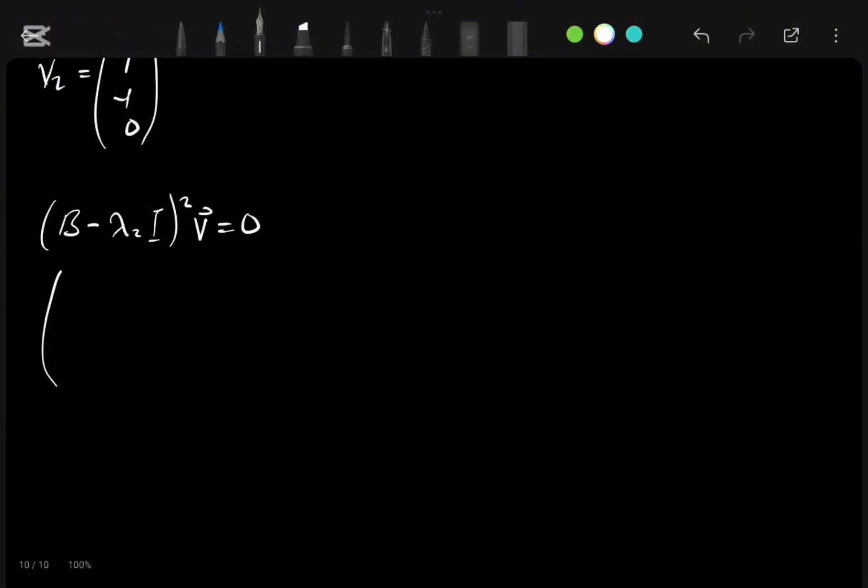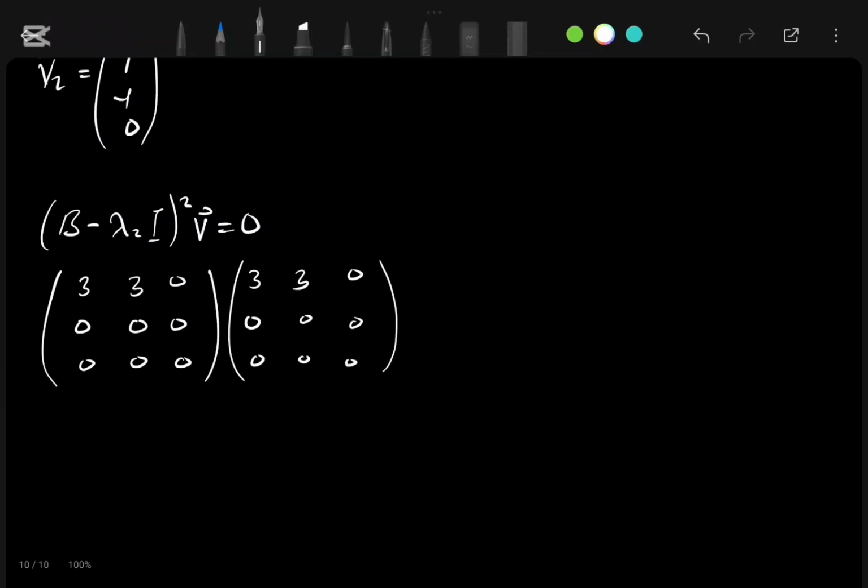Squaring this expression, we had 3, 3, 0, 0, 0, 0, 0, 0, 0 times 3, 3, 0, 0, 0, 0, 0, 0, 0. So this is (B minus lambda 2 I) multiplied by (B minus lambda 2 I).